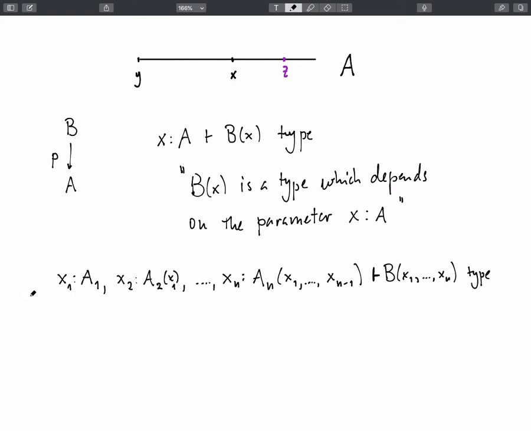Yes. But not on some y. On the what? On y, which is not mentioned. No, it may only depend on the things that came before. I want to make all dependencies very explicit. This is a bit unusual, and we're not often going to do this. But sometimes you need to make all the dependencies completely explicit.